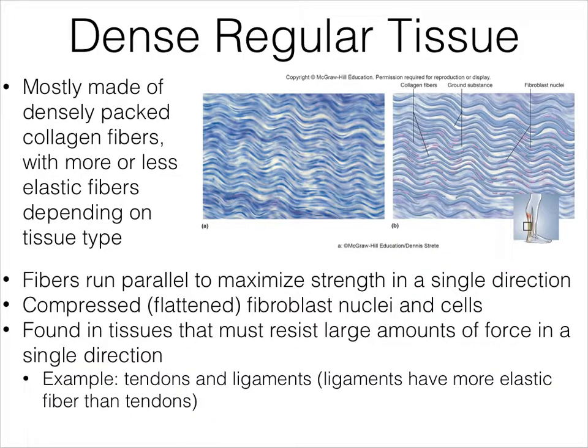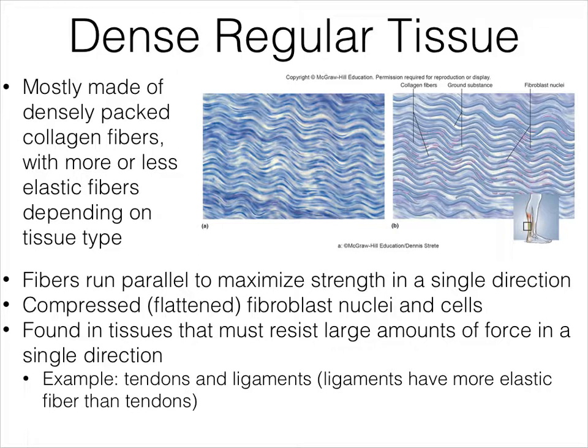Onto that, so dense regular connective tissue. Dense regular connective tissue is dense, meaning it's mostly extracellular matrix with very few cells. It is regular.